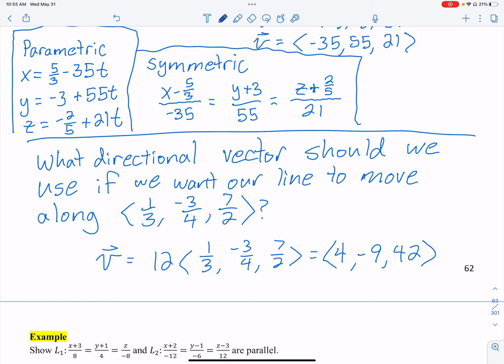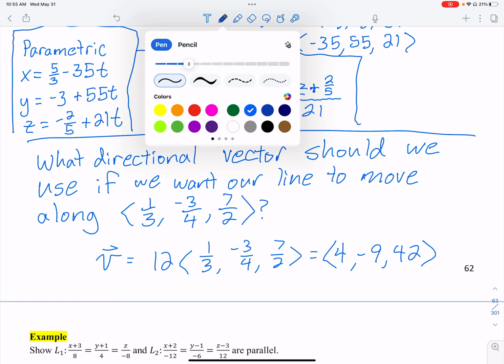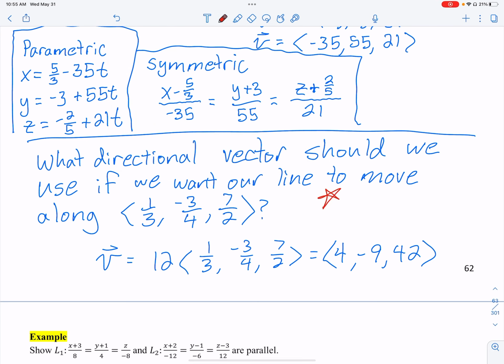So we can manipulate our directional vector if we're only talking about direction. We should write that. This can only be done if we are talking direction, not distance.